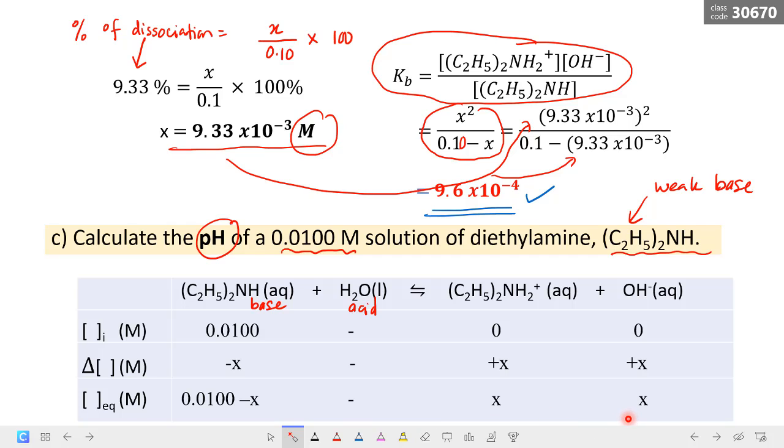Okay. Jadi sekarang nilai KB kita dah dapat dekat soalan B tadi. Tapi nak kira pH, kita kena solve dulu untuk OH minus punya concentration. Jadi, we are going to solve for X. Okay. Jadi, sebutan at equilibrium ini, you gantikan dalam KB expression. So, this is KB expression.